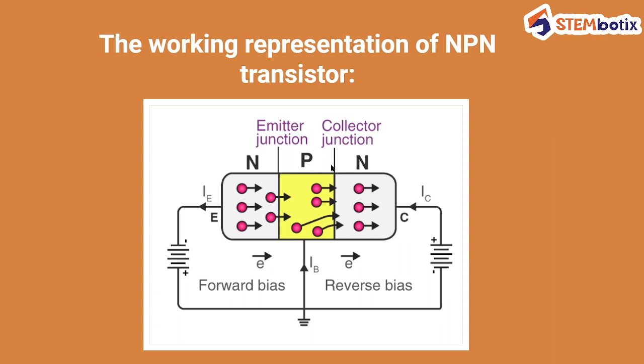This is the emitter junction, this is the collector junction, so this is the collector, this is the emitter, and this is the base. The emitter base PN junction is forward biased, meaning the emitter is connected to the negative terminal of the battery and the base is connected to the positive terminal, hence the electrons from the N type are attracted towards the holes of this region, and this combining of the two carriers enables the current flow through the PN junction.